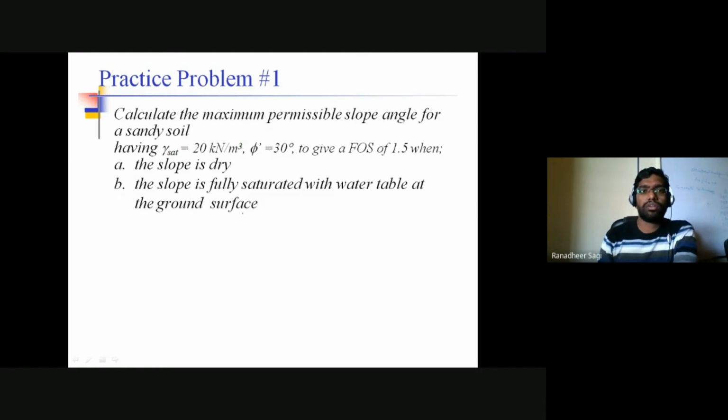The saturated unit weight of the soil is 20 kilonewton per meter cube, phi dash value of the soil is equal to 30 degrees, and nothing is specifically mentioned about the C dash value, because C dash is equal to 0 since it's a sandy soil. To give a factor of safety of 1.5. So the factor of safety of that particular slope I am looking at is 1.5.